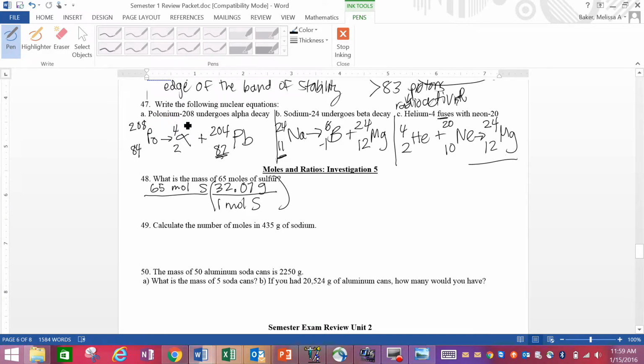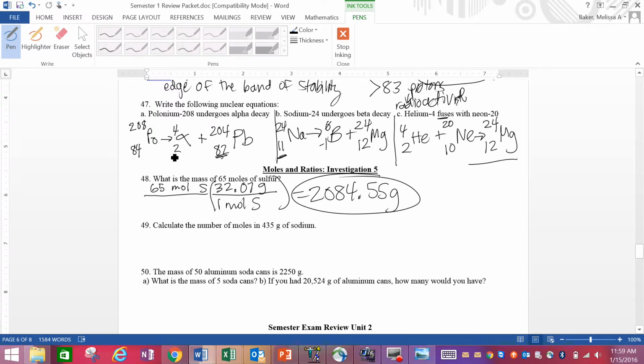So, how much would 65 moles weigh? You've got to multiply across the top and divide by the bottom. So this comes out to be 2,084.55 grams. And then if you're rounding with significant digits, it'd be 2,100 grams.